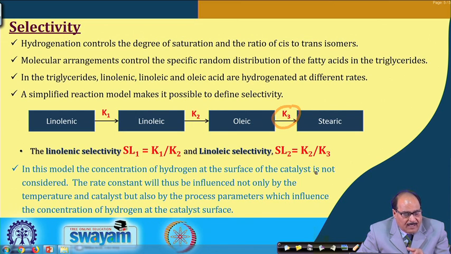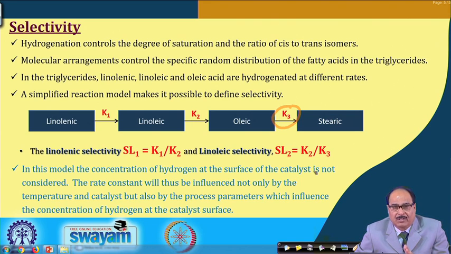However, in this model the concentration of hydrogen at the surface of the catalyst is not considered. So, the rate constant will thus be influenced not only by the temperature and catalyst, but also by the process parameters which influence the concentration of hydrogen at the catalyst surface.